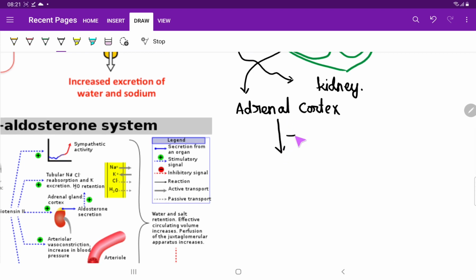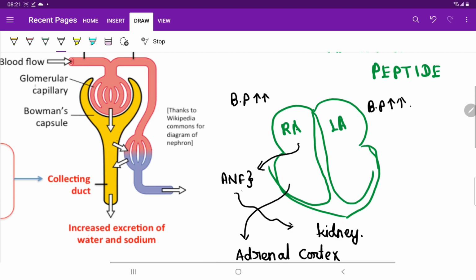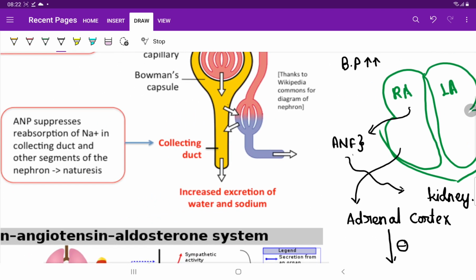So aldosterone secretion will decrease. And if you remember, it was the aldosterone hormone which was increasing absorption of sodium ion from the distal convoluted tubule and collecting duct.